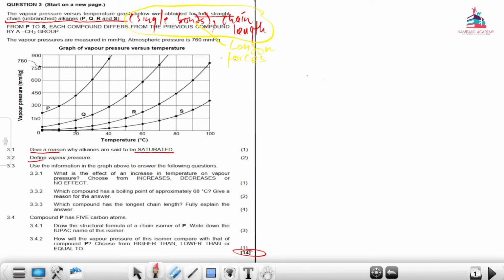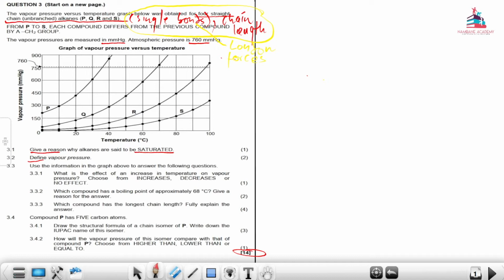The vapor pressure is measured in mmHg, and the atmospheric pressure is 760 mmHg, millimeters of mercury. So now, what does this necessarily mean?